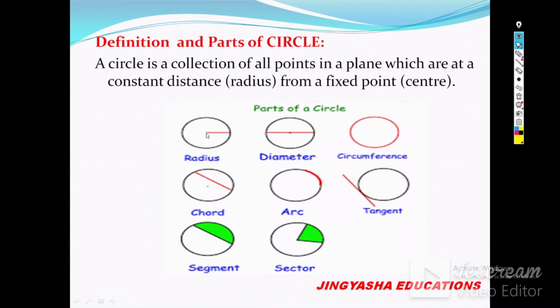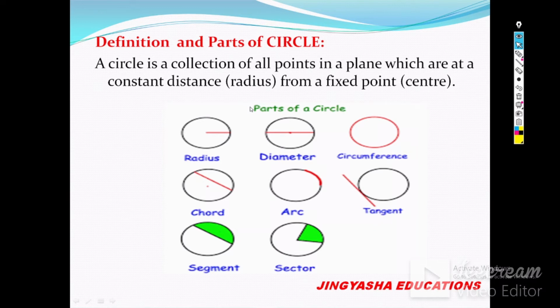So you can just say the distance between the center and the circumference is the radius, and the radius is the constant distance that we maintain to draw the circle. Now we will see different parts of a circle.